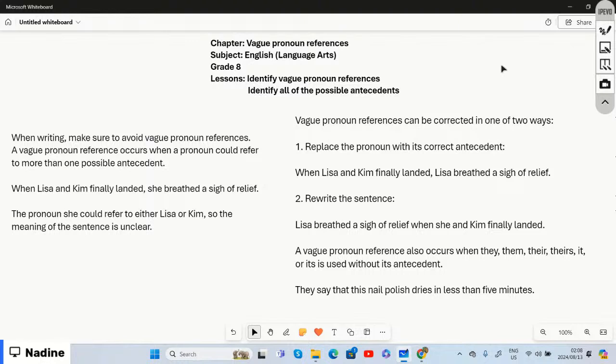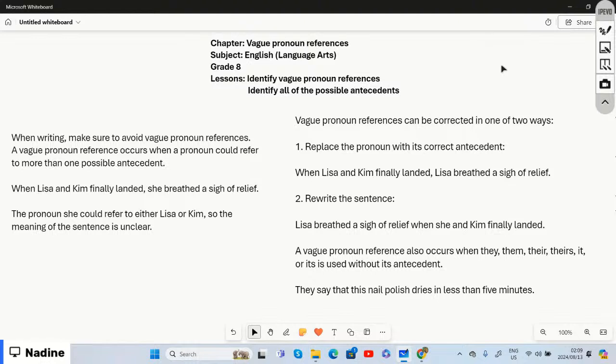If you remember, a pronoun takes the place of a noun. So instead of saying the person's name, we will, for example, say he, she, they, them, these, and so on.